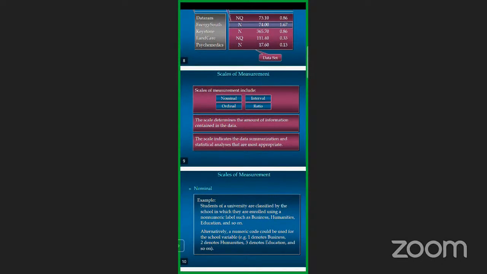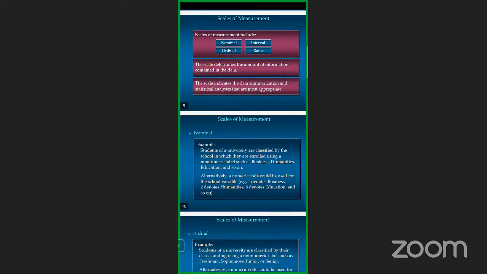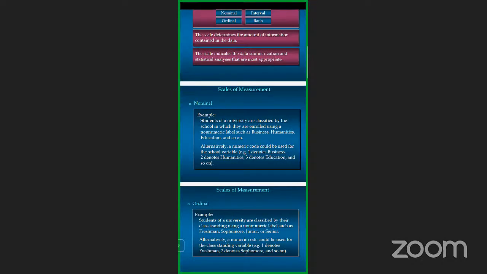If you go with an ordinal scale, students of a university are classified by their class standing using a non-numerical label such as freshman, sophomore, junior, or senior. Means it is not related to the stream.